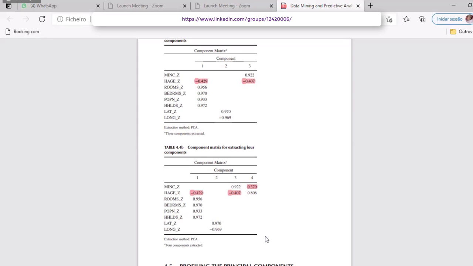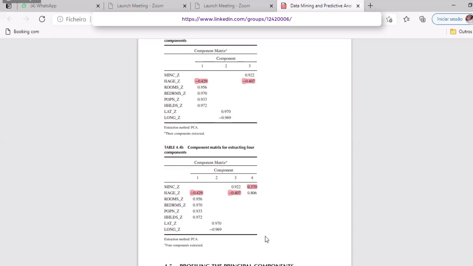And from this, what we conclude is that the age is not discussed with component number 1. The component number 3 is not a good representative for age, and it is not included at all in component number 2.